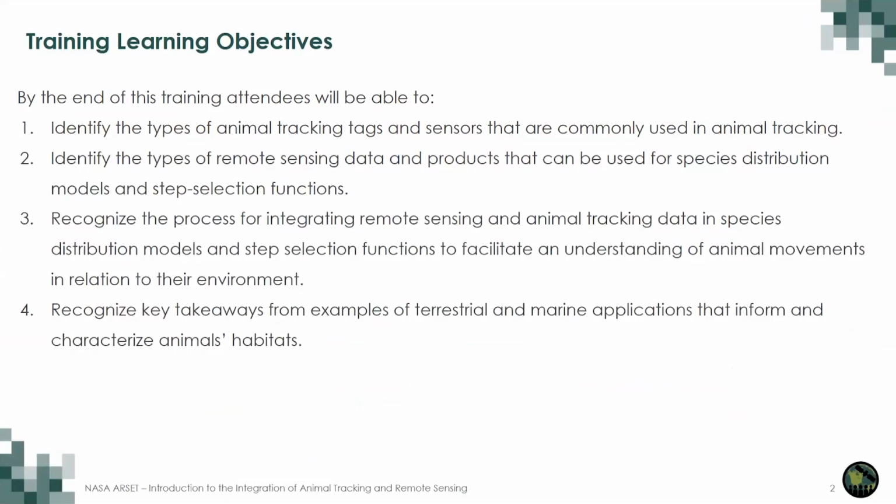Here's a summary again of our training learning objectives. In general, by the end of this training, you'll be able to identify the types of animal tracking tags and sensors that are commonly used in animal tracking.